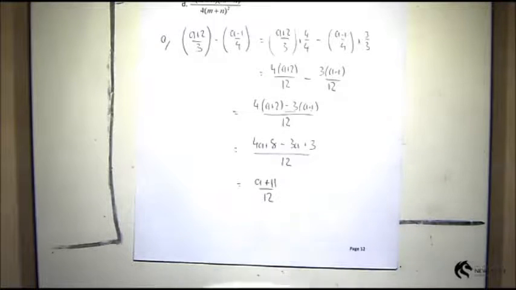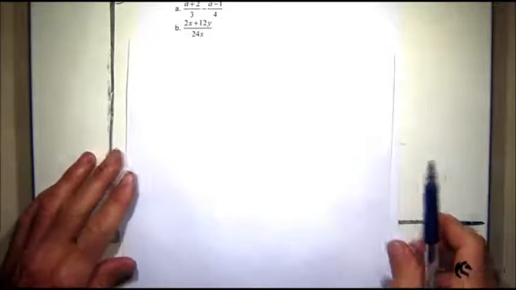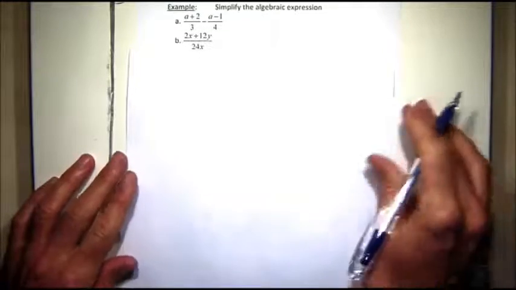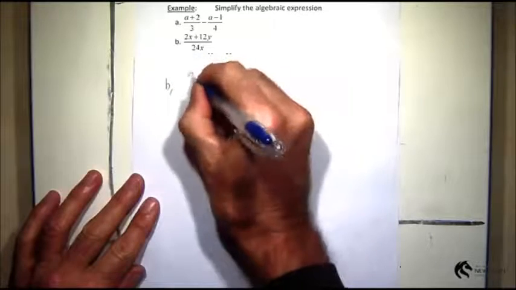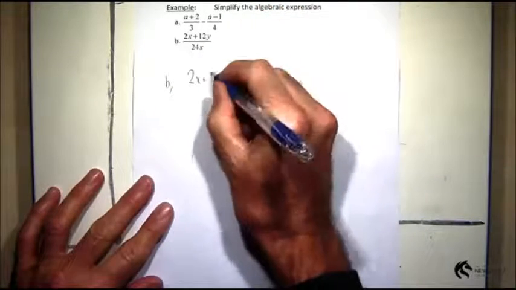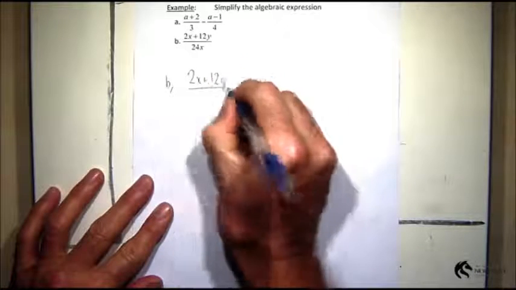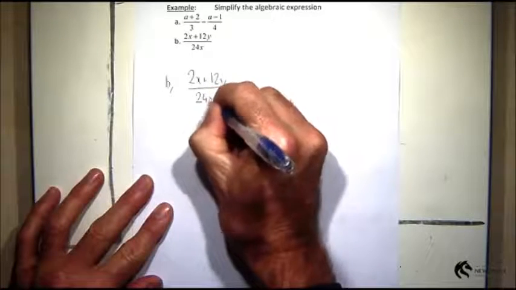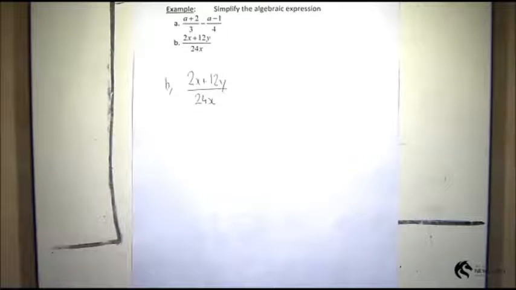Let's do B now. So B says here, I have 2x plus 12y on 24x. Now that looks pretty simple already, but in this case we're going to go backwards, in fact, because I can do this.